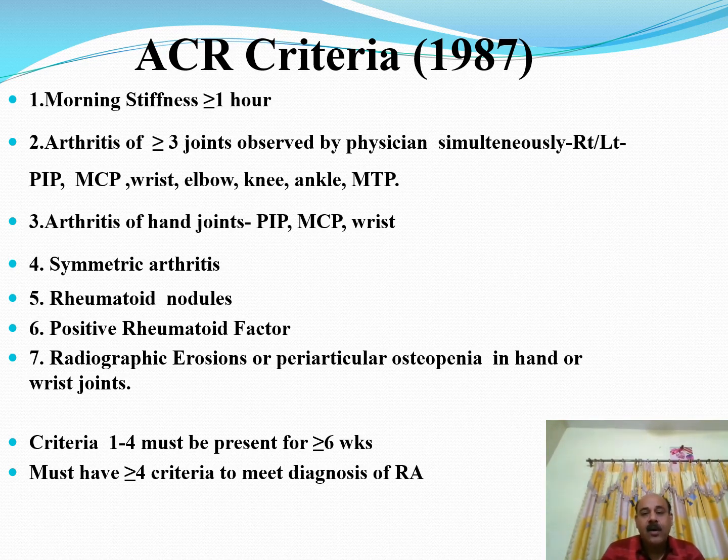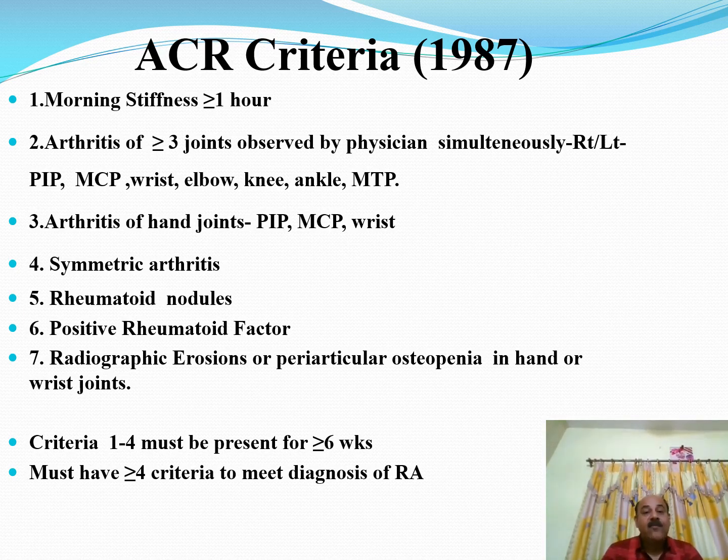Now, if a given patient has bilaterally symmetrical arthritis of both hands involving at least 3 joint areas, and simultaneously has morning stiffness of more than 1 hour, and this arthritis is present for at least 6 weeks, then we can make the diagnosis of rheumatoid arthritis with confirmation.